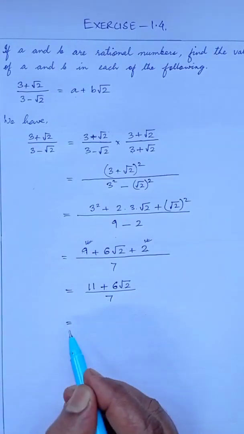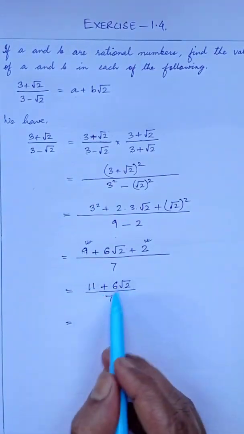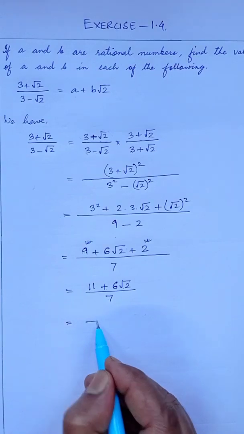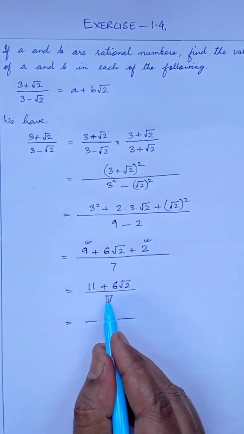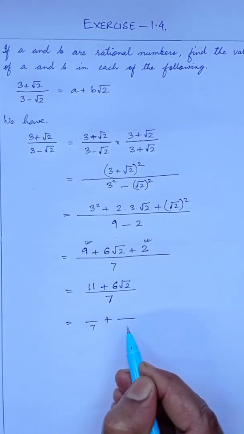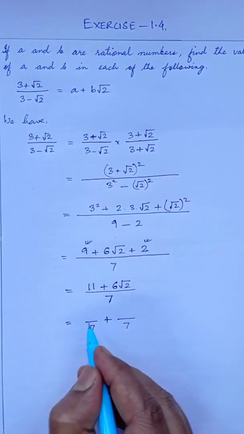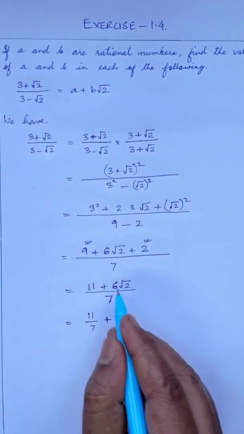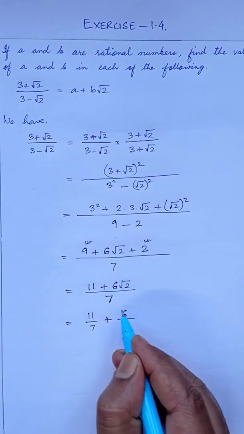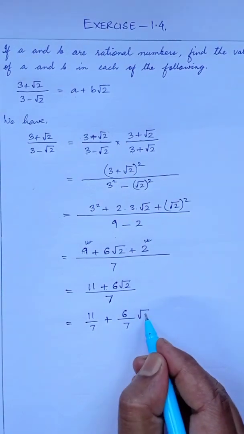Now I have to make this in two parts, so I'll just separate the fraction into two. As I have 7 here, I'll provide 7 to both, and then this is 11, so this becomes 11 by 7. The other one will become 6 by 7, and root 2 will be written separately.